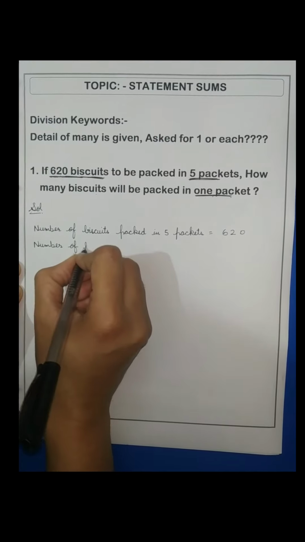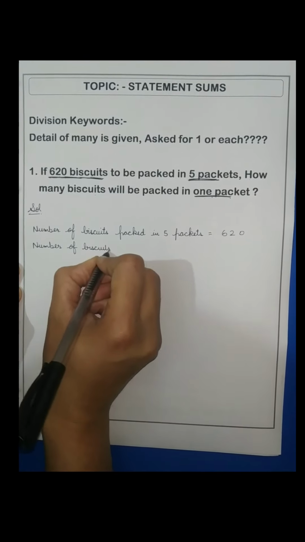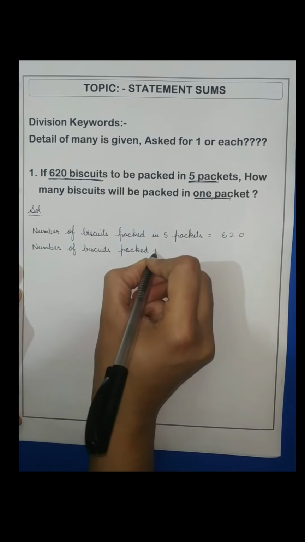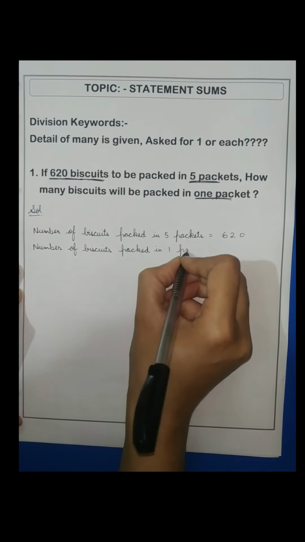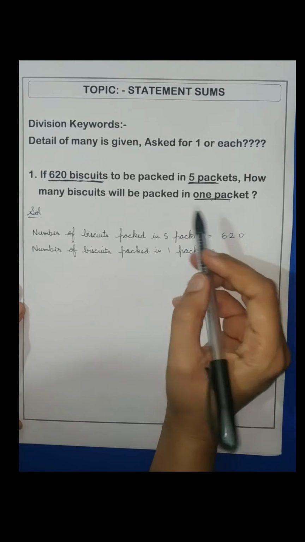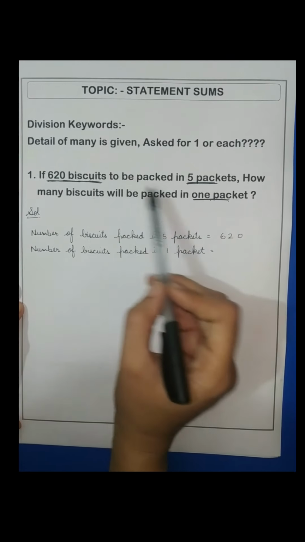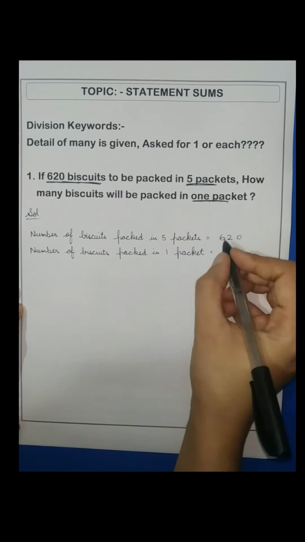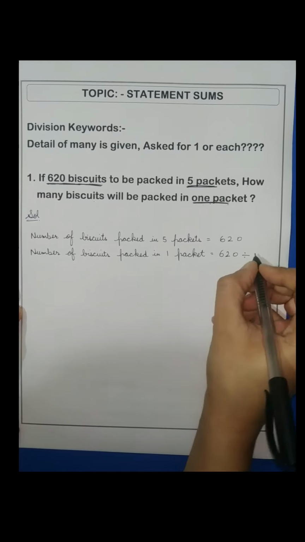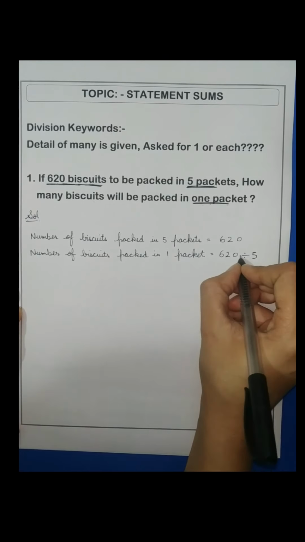So write down number of biscuits packed in 1 packet. If they have given the information about more and asking for 1, it's clear that we have to do division. So 620 divided by 5.